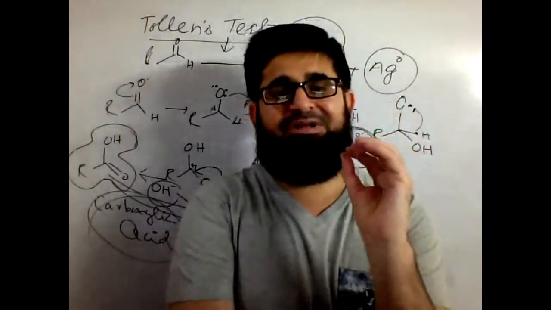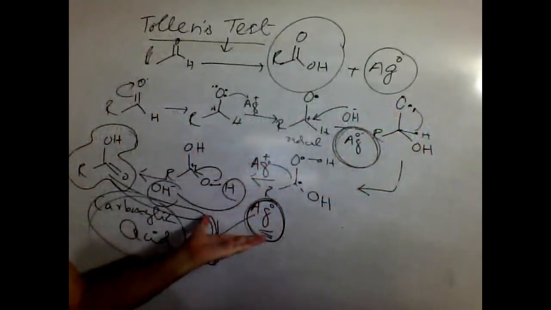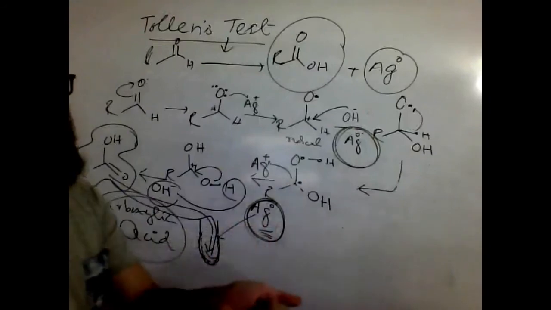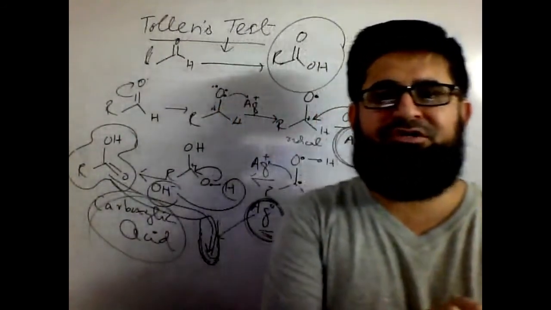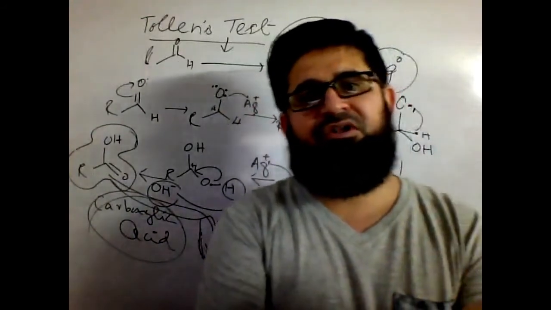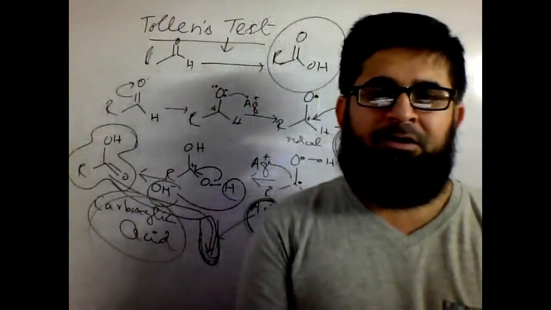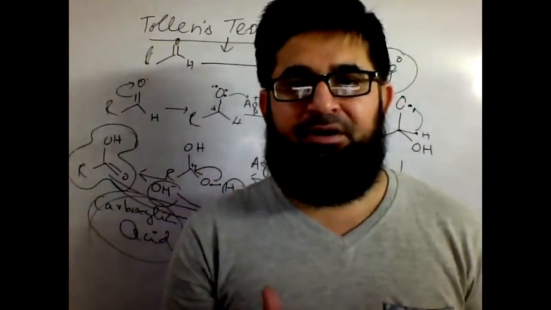This reaction which happens inside the test tube produces silver zero, meaning silver metal, and that metal gets deposited along the walls of the test tube, and the deposited silver appears like a mirror.